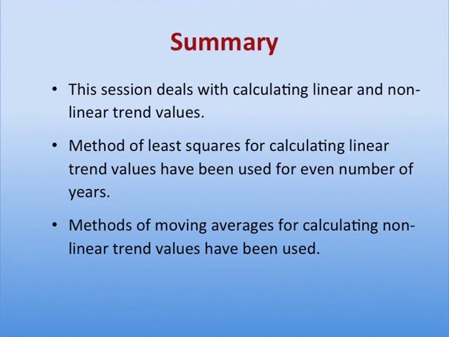Next, we have calculated the non-linear trend values, wherein the straight line equation will not be there, by the method of moving averages. Examples have been worked out in calculating 5 yearly, 7 yearly and 4 yearly centered moving averages.